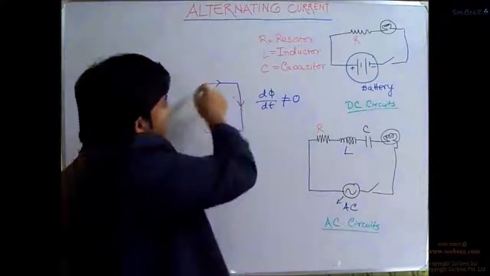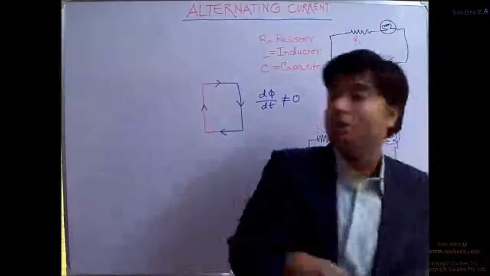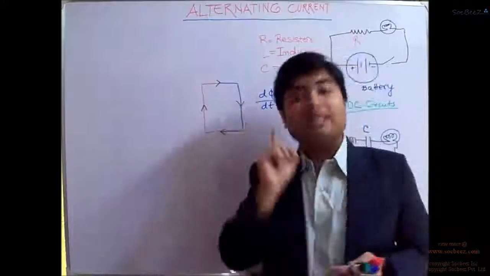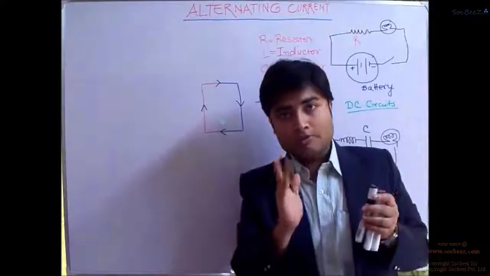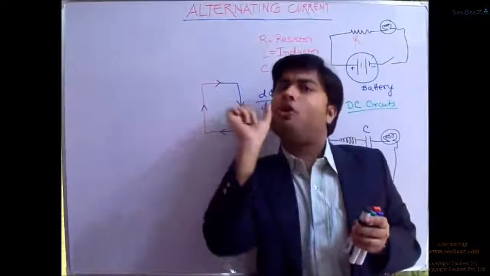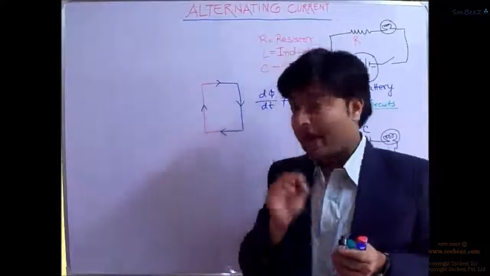So this will be a clockwise current, right? Obviously this current will be produced such that it will oppose the direction of flow. The induced current will be directed such that it will oppose the change that is producing it, right?